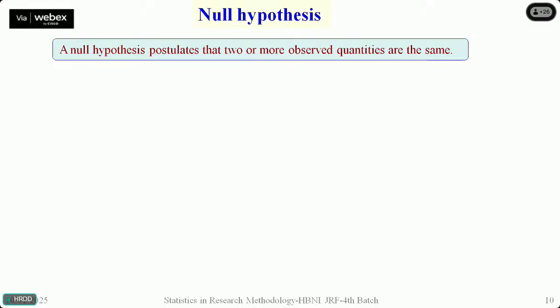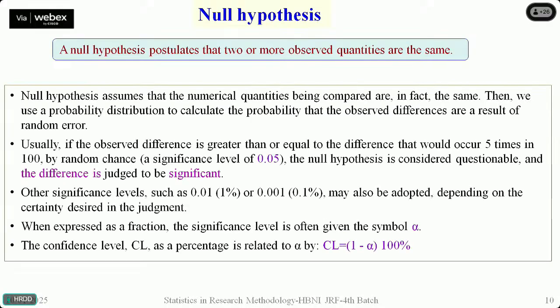Once you feel that you are not reaching the level, we slightly modify our statement: I was not targeting this one, I was targeting something else, so I propose an alternative. Then we say that the null hypothesis is rejected. That is one way of stating; another is that the alternative hypothesis is standing.